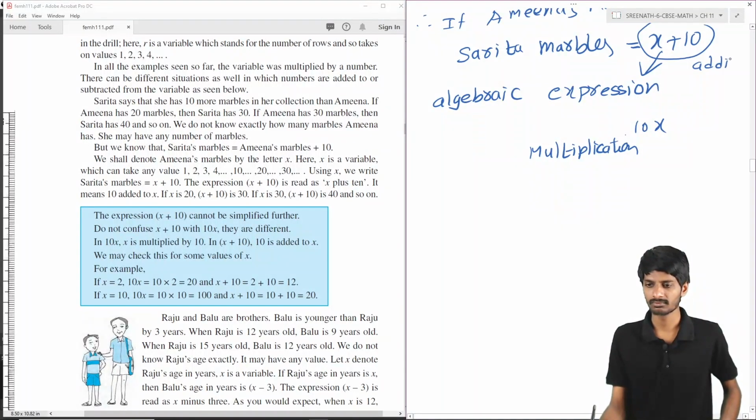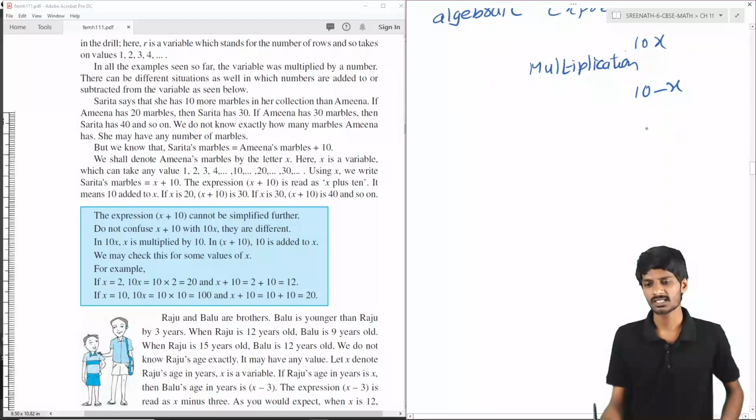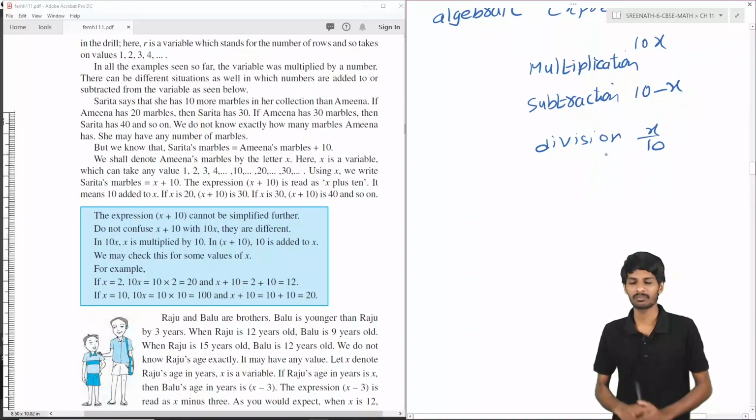Here addition, sometimes it may be 10 minus x, sometimes it is x divided by 10. It is subtraction, it is division. So all these are acceptable, students.